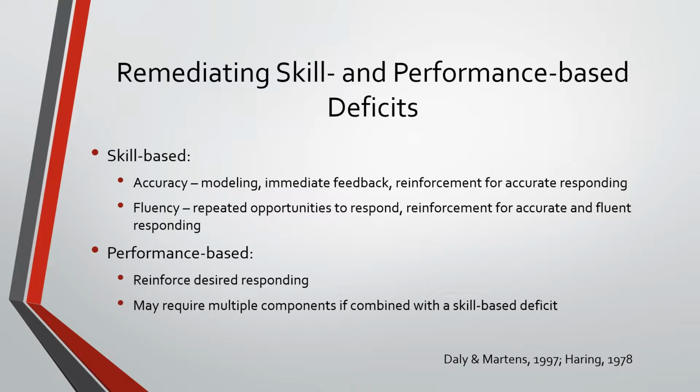Again, in that same example, they may have accuracy in this skill, but they're not demonstrating fluency, and they may even lack fluency. So it may require multiple components in this type of scenario where they're unmotivated and lacking fluency as a skill in general.